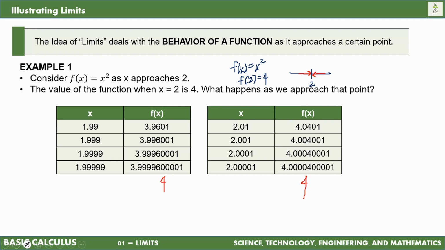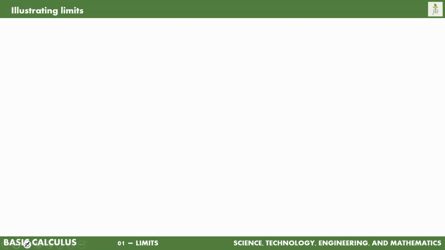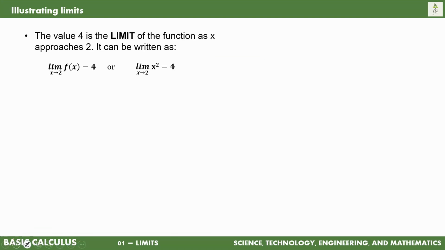Because its behavior, as x approaches 2, is to approach 4, what can we say? As x approaches 2, from the left or from the right, the value of f of x gets closer and closer to 4. Because of this, we can say that the value 4 is the limit of the function as x approaches 2.